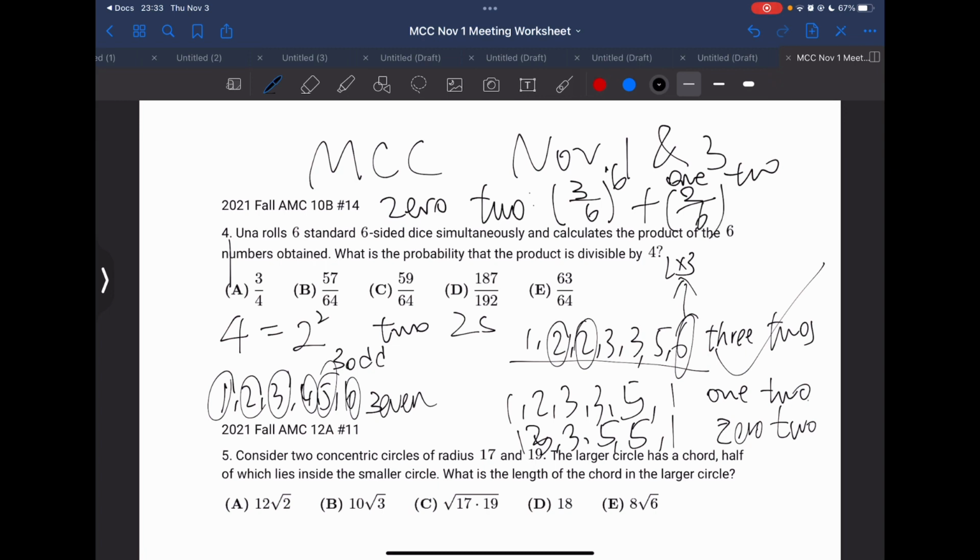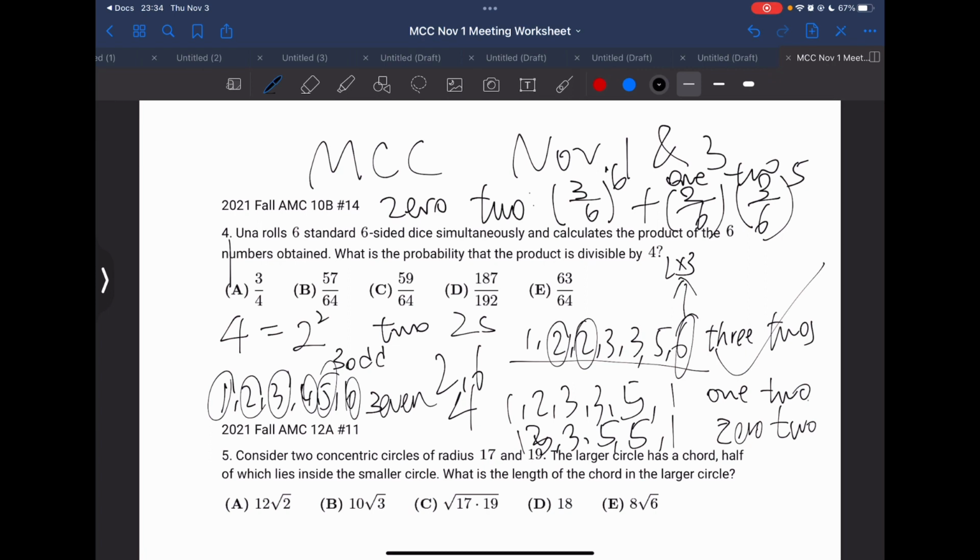And why is it 2 and not 3? Because only 2 and 6 can be the case. 4 is not the case because 4 itself contains two 2's. And 2 out of 6 times, for the others, it should be odd, which is 3 over 6, to the power of 5.